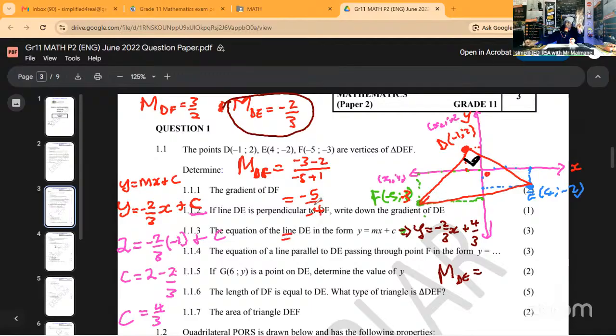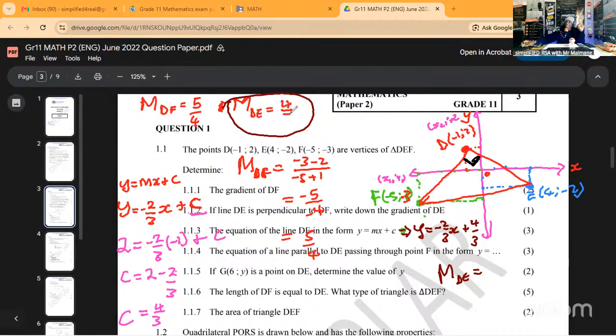So therefore, this is going to be 5/4. Yes, so I made a mistake. The gradient of df was supposed to be 5/4. I think I used the 3 as a 1 previously. I took it from my own handwriting. My bad. So the gradient of df should be 5/4, which means the gradient of dE should be 4/5.